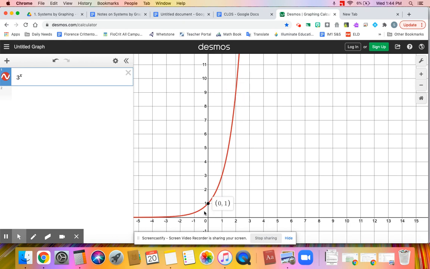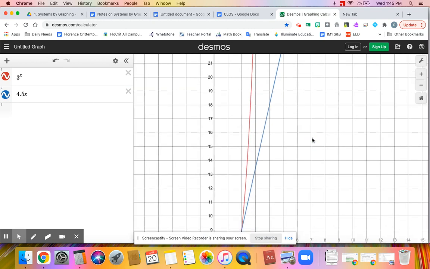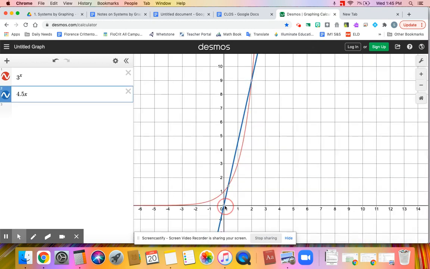This situation represents my puppy. Then there's a different situation representing my kitty, whose weight equation was 4.5x. These are different types of equations. This one's exponential, so it curves up and keeps going up faster, the red one does, versus the blue one, which is more linear because it makes a straight line.